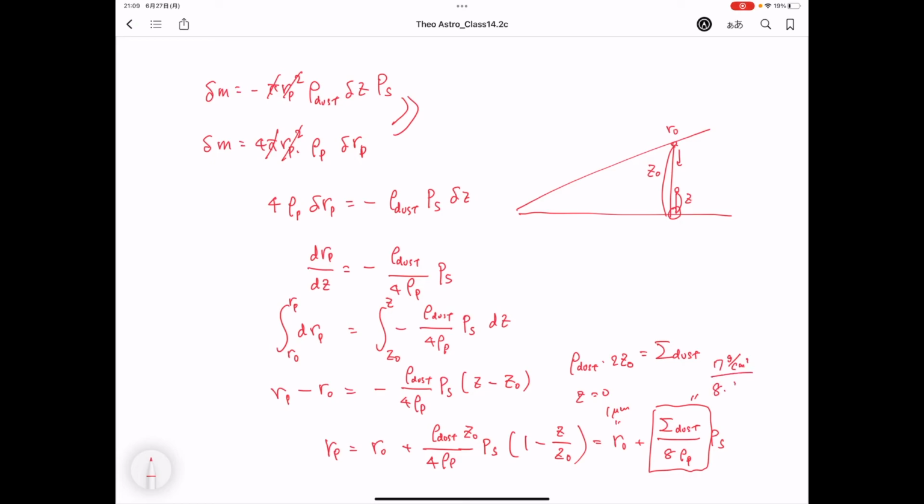The material density is 3 grams per cubic centimeter. So it becomes 0.29 centimeters. So about a 0.3 centimeter particle is formed when a small dust particle of 1 micrometer falls to the midplane. It grows to a 0.3 centimeter radius particle.